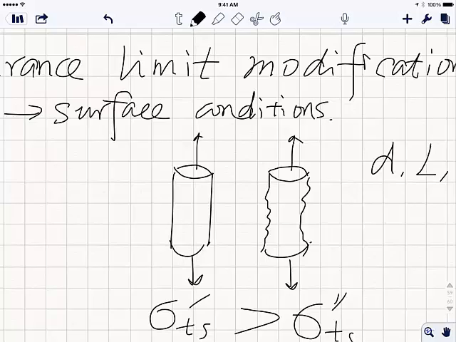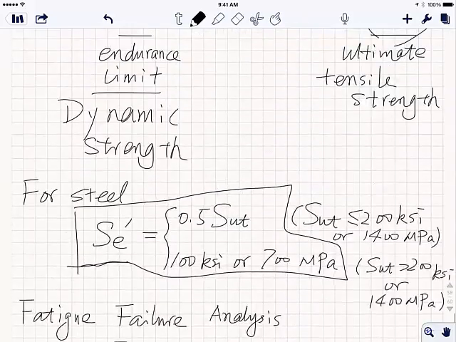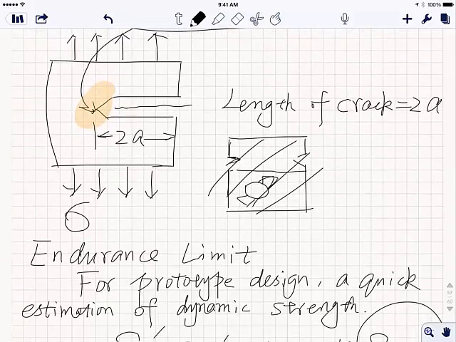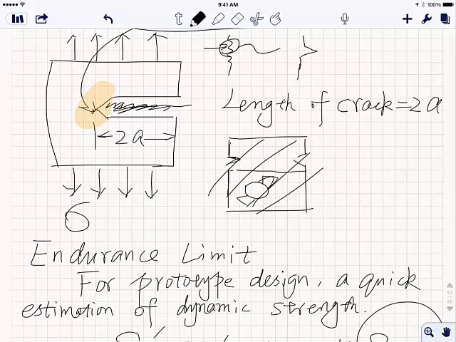Usually, whenever you have any mechanical system, you don't have a crack, but if you have a rough surface and you zoom in at this location, you are going to see these kinds of things. We know the stress at the crack tip is higher. So if you have a rough surface, you have lots of high local stresses, which of course is going to give you less strength. Make sense? All right.